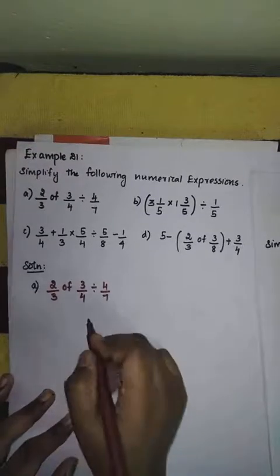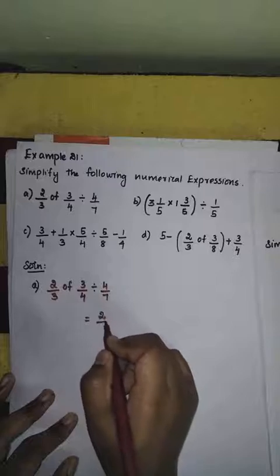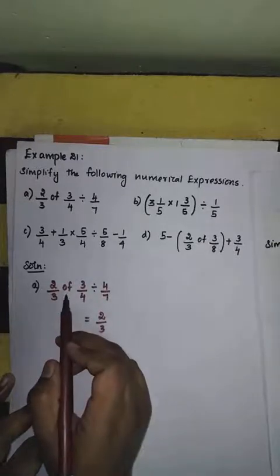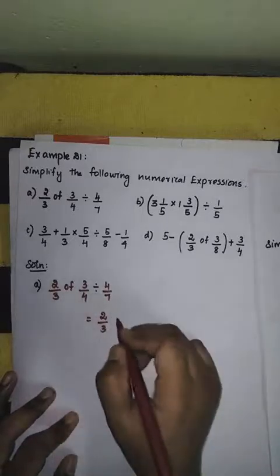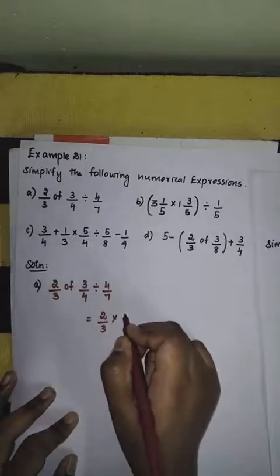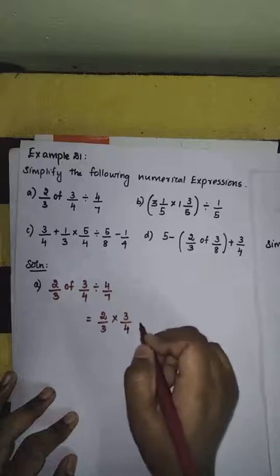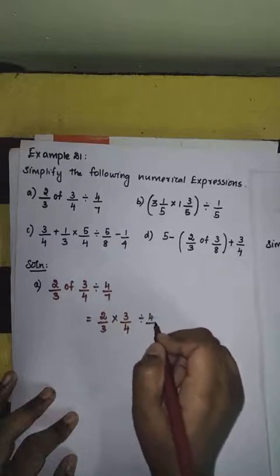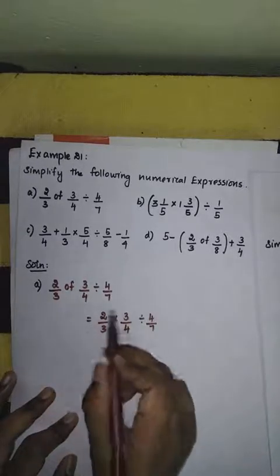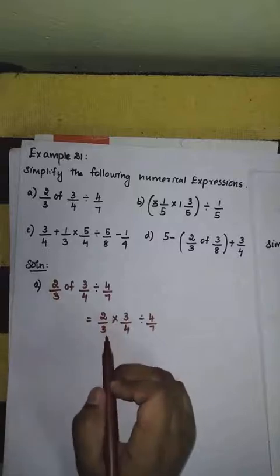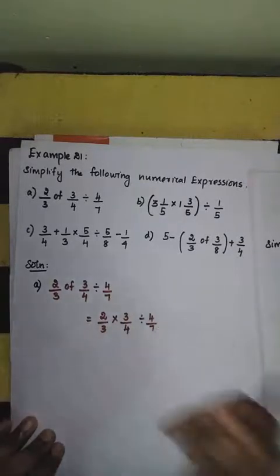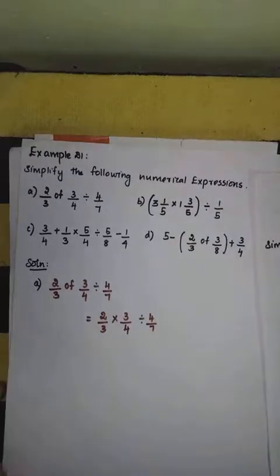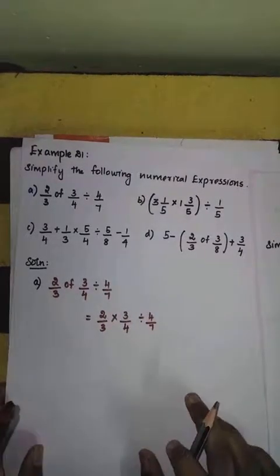Listen carefully. What is meant by of? As we already discussed, of means multiplication. So it is 2 by 3 into 3 by 4 divided by 4 by 7. First solve 2 by 3 into 3 by 4.